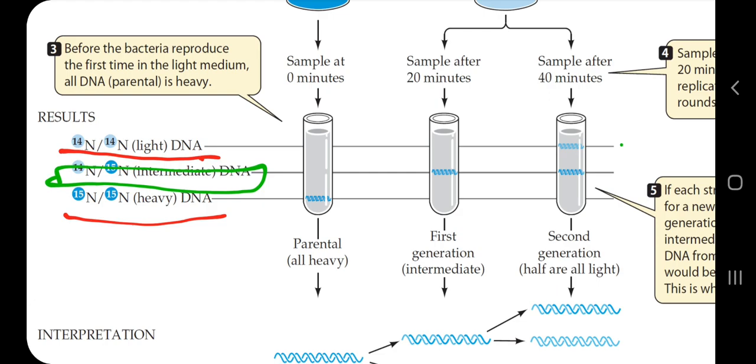Those scientists took 14N, which means light DNA, 15N, which means heavy DNA, and one intermediate DNA which has one strand of 14N and one strand of 15N. When I say they took, I mean they performed an experiment and by the results they concluded this, but I am giving you the idea of the experiment so that you can understand it very easily.